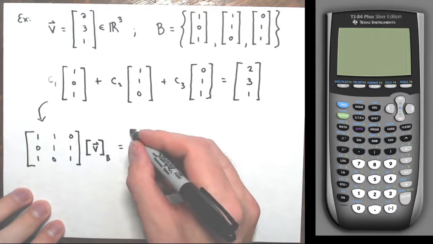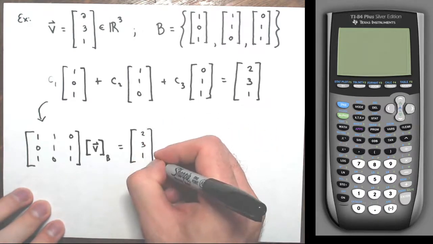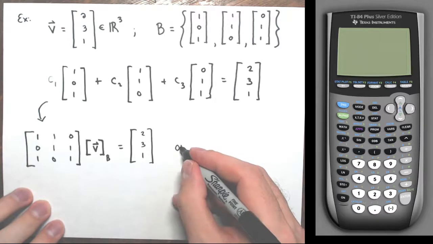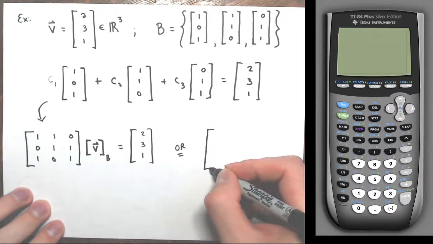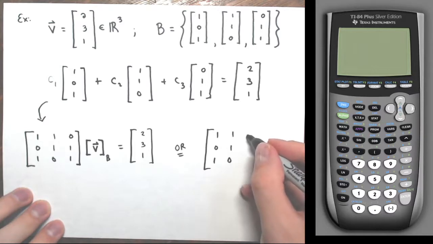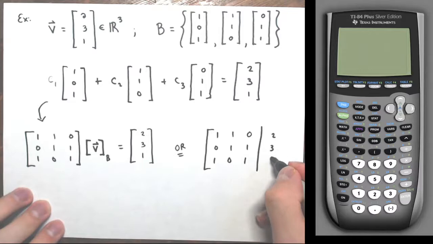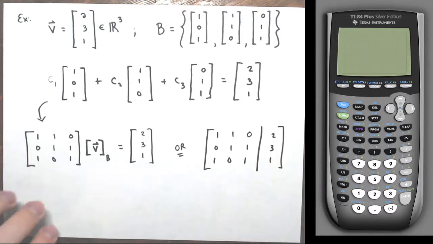It will be equal to 2, 3, 1. Or I could set up this augmented matrix, with the 1, 0, 1, 1, 1, 0, 0, 1, 1, and then a bar with the equals, and then 2, 3, 1. Either way.